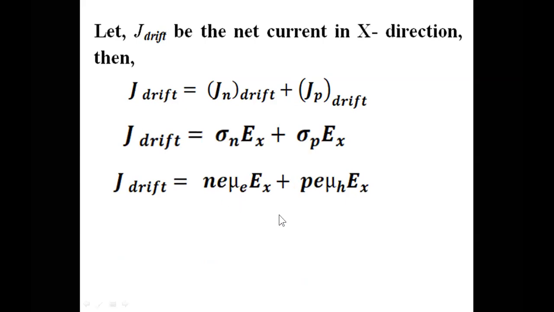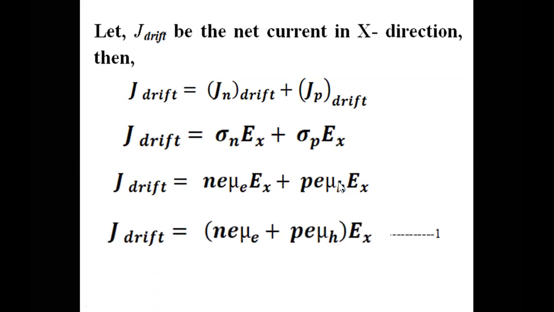Now this is the final expression for drift current due to electrons and due to holes. This is the resultant equation of drift current in presence of electric field within the semiconductor due to electrons as well as due to holes.